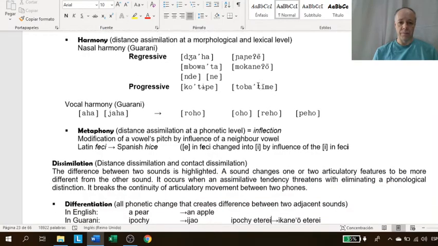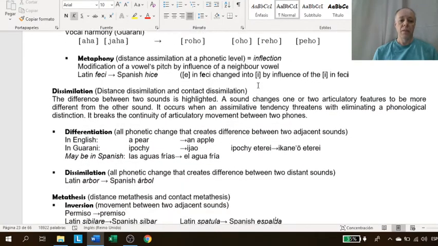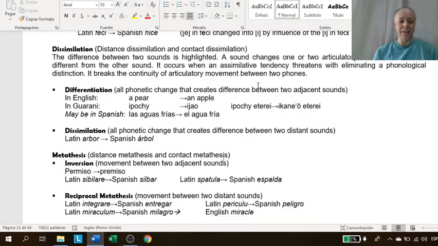Another concept, the concept of dissimilation. Dissimilation is the opposite of assimilation. In dissimilation, we don't want the two sounds to become similar. We want the two sounds to become different. There are two types, distance dissimilation and contact dissimilation, but we're not going to cover them.